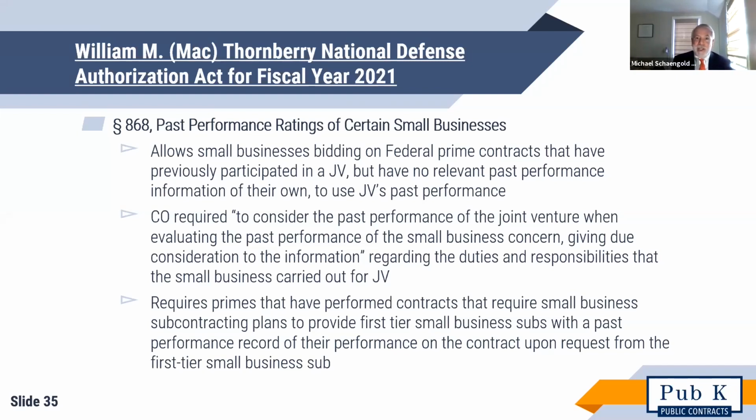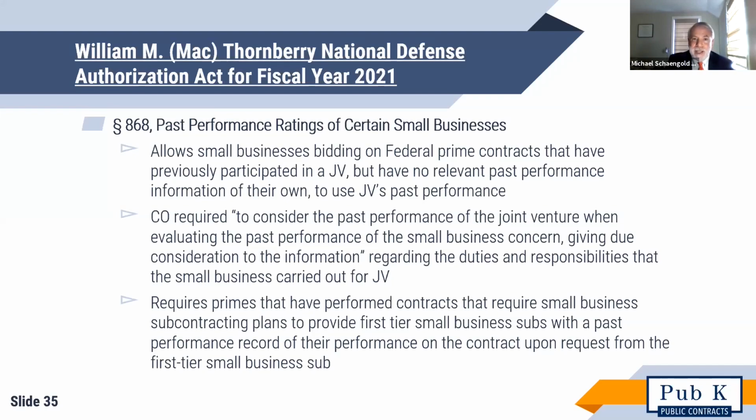And notably, the section allows small businesses to use the past performance of the joint venture without regard to whether the other JV member or members were small businesses. This section also amends the Small Business Act to provide that prime contractors that have performed contracts that require small business subcontracting plans to provide first-tier small business subs with a past performance record of their performance upon request from the first-tier sub.